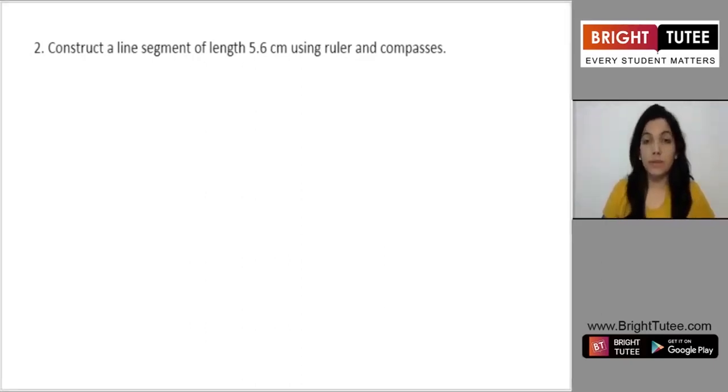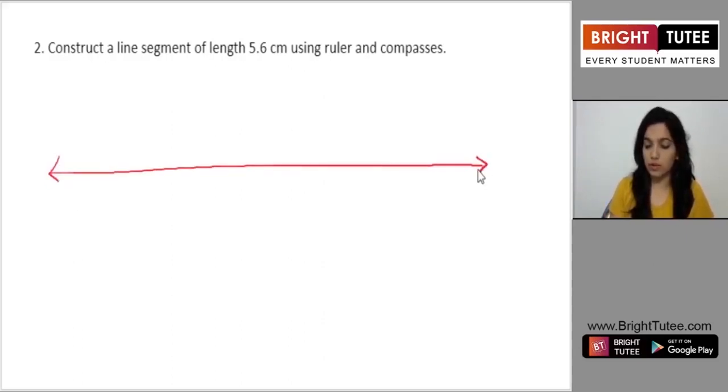So the first step is that we need to draw a line, right? So firstly, we draw a line of any length. Let us draw a straight line. And again, please make sure that when you are drawing a line, you are using a ruler to do this. Okay? So let me name this line as line L. And then I need to mark a point A on this line.